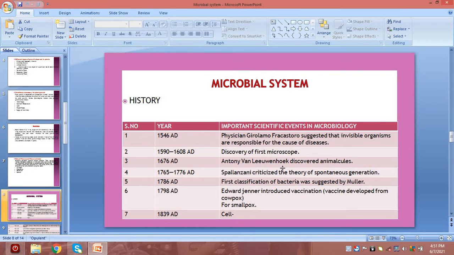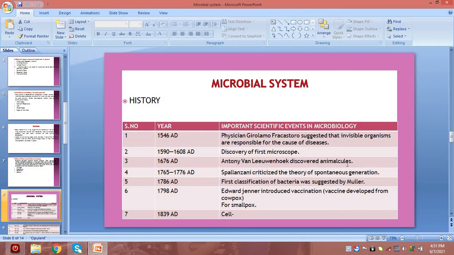Then the first microscope was discovered during the years 1590 to 1608 AD. Then the scientist Antony van Leeuwenhoek first observed the microscopic organisms and discovered the animalcules.